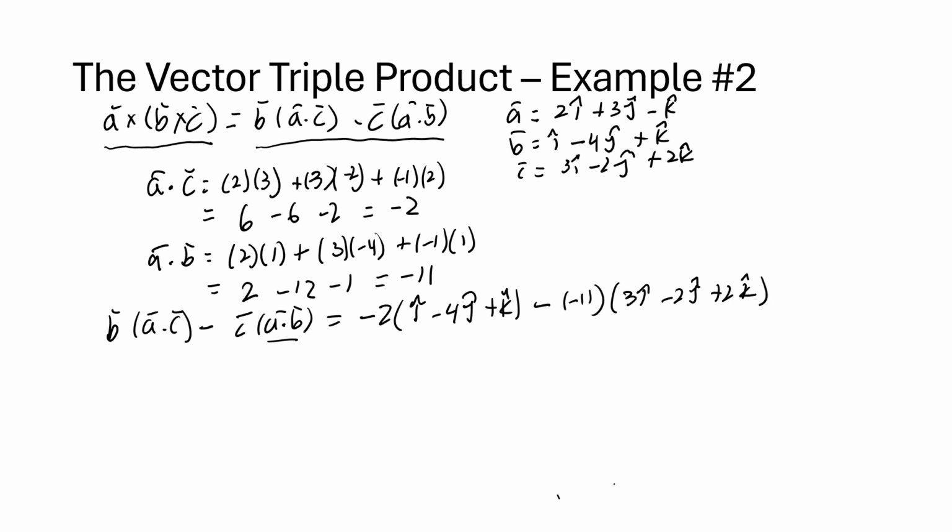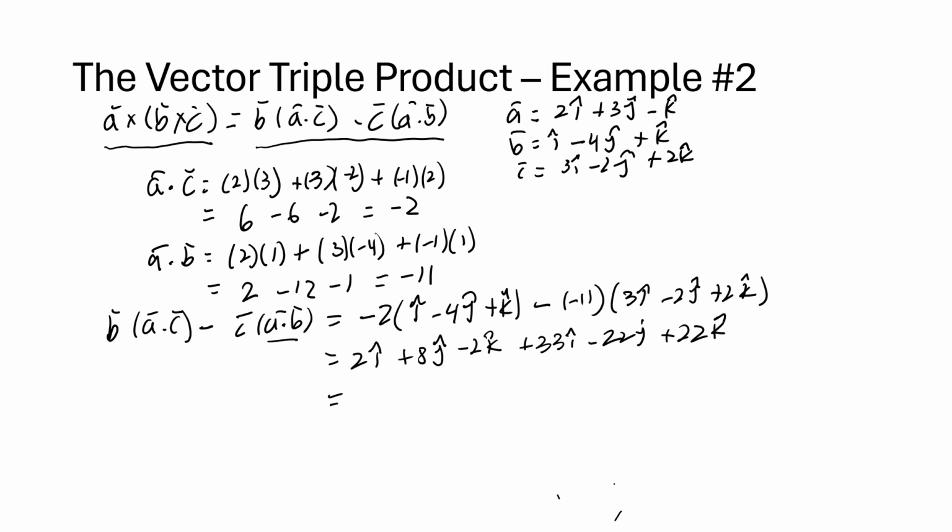Now we just need to do the math on this. So this is going to turn out to be 2i plus 8j, and then minus 2k. And then this term right here is going to be a plus 33i, and that's going to be a plus, so that's minus 22j, plus 22k.